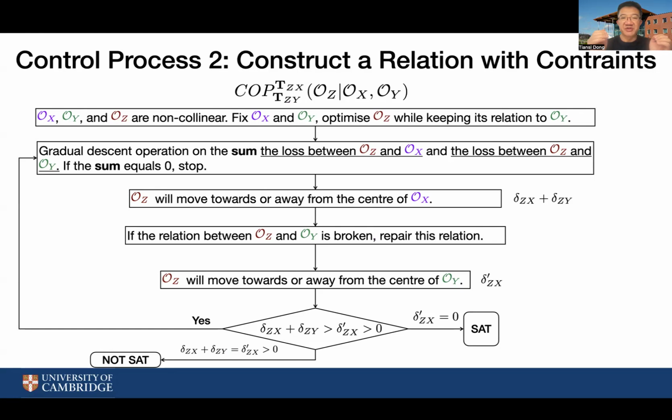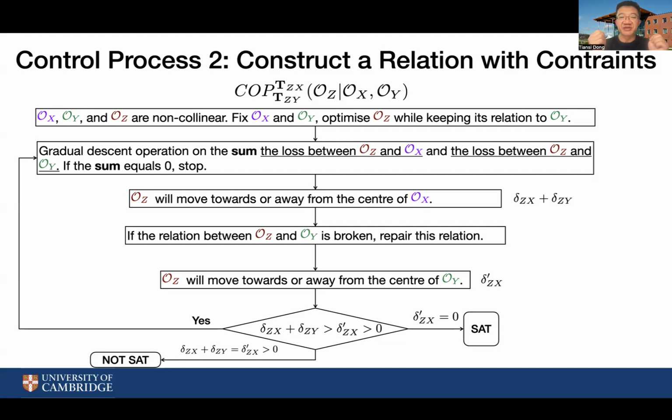If during the process the loss between Z and Y is greater than 0, we should repair their relation first. This means we need to gradient descent the loss function between Z and Y till it's 0, then move on to continue to gradient descent the value of the sum.